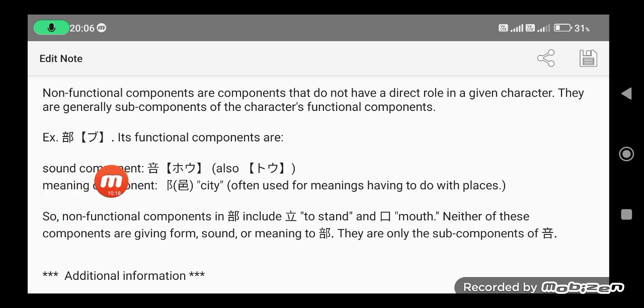Example. This kanji means bu, or section, or sectioning, or part, or dividing into parts. Its functional components are this ho, being the sound component, which also has an onyomi of to, and the meaning component for this kanji is this, the radical for city.